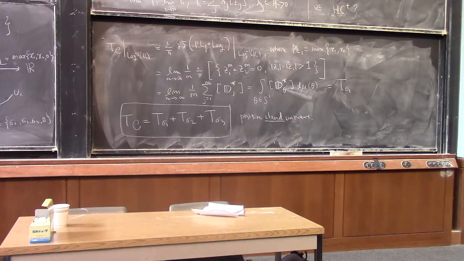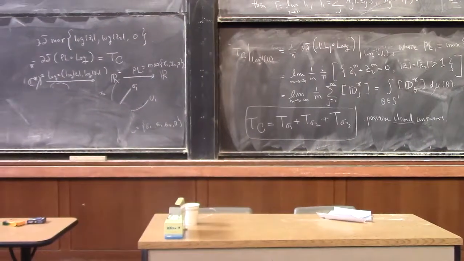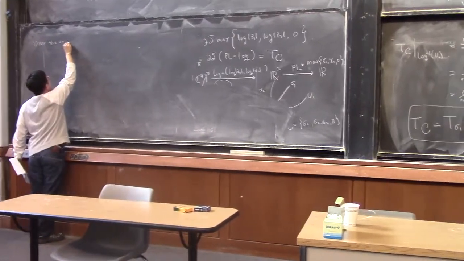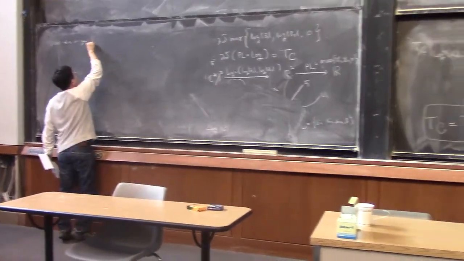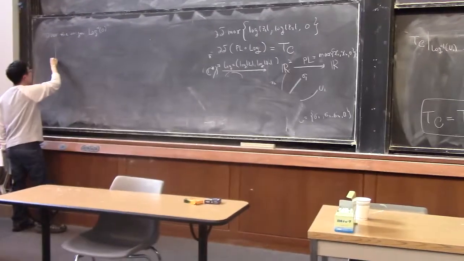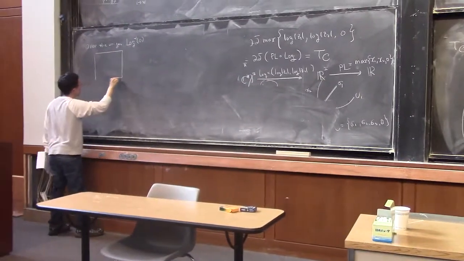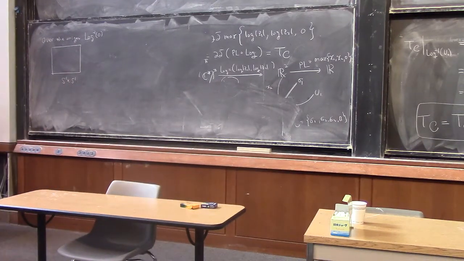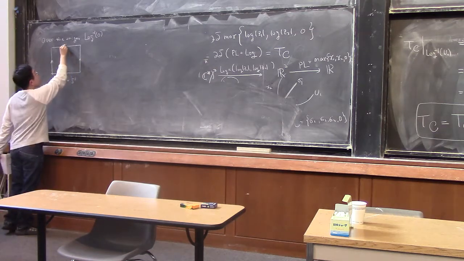So what happens in this picture is this. Over the origin, the log inverse of 0, as I have said, you see a real torus, a product of unit circles. So I'll draw it in the usual way.